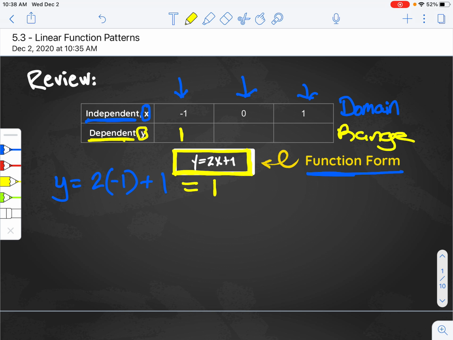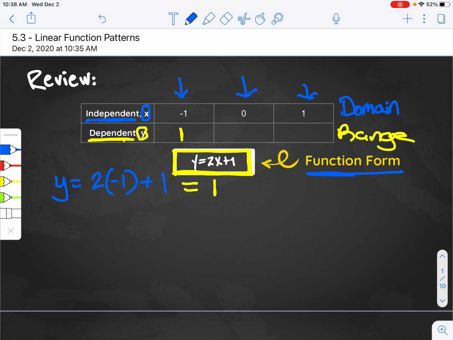And that's something, you saw those terms in lesson 5.1, but we didn't talk about them too much. So I just wanted to do a little bit of review: an independent variable is our x, because we can just choose what our x would be, and that's going to be its value. Our dependent variable is referred to as our y, or also we remember called our y our output.